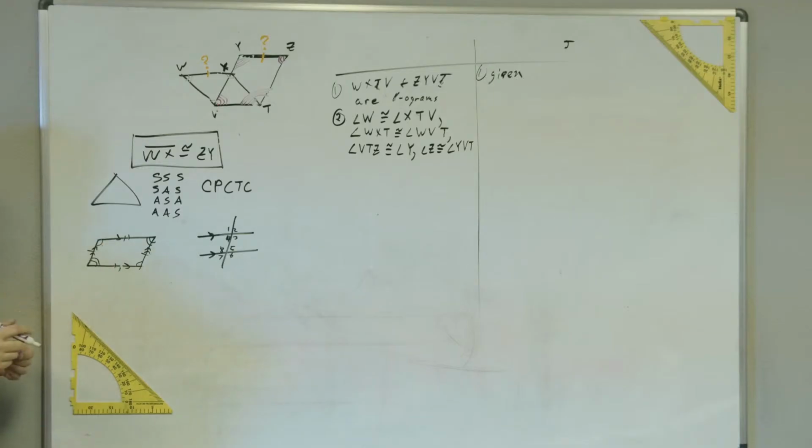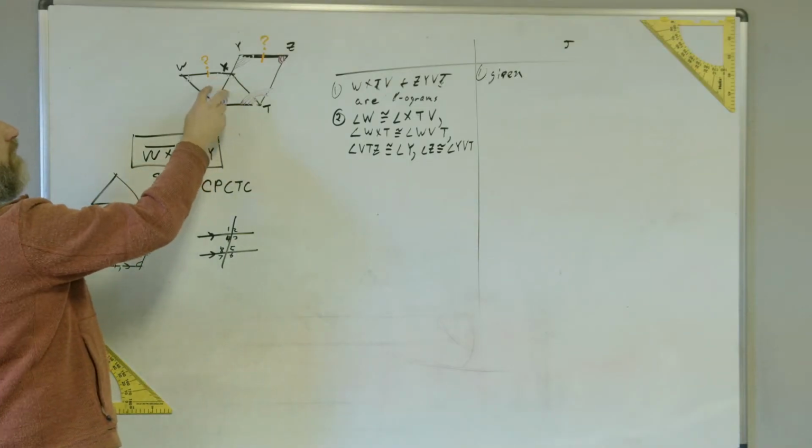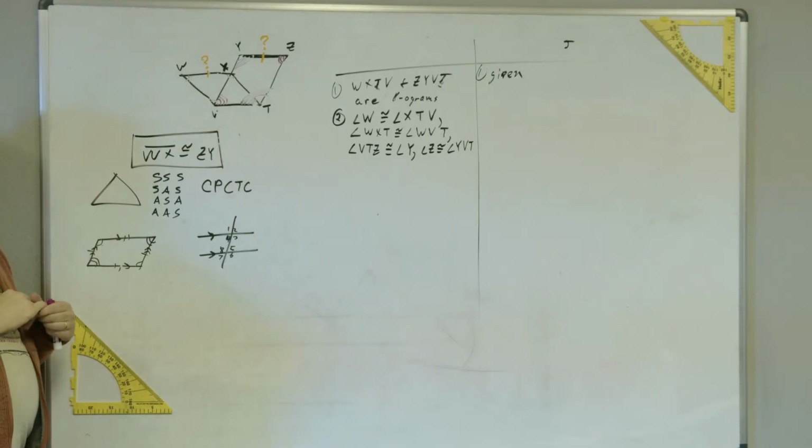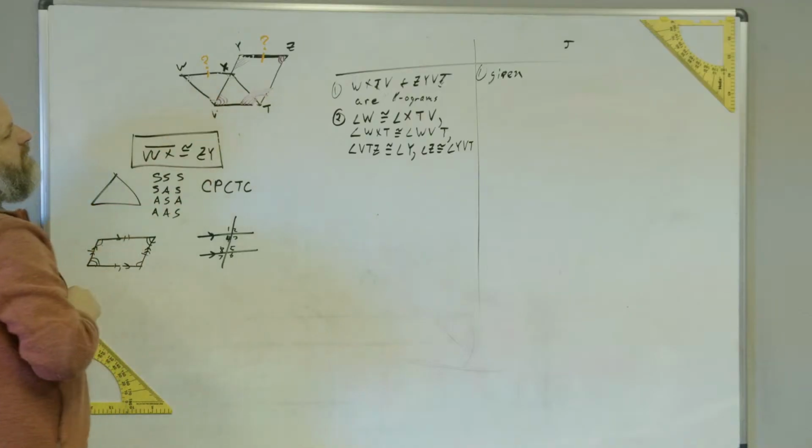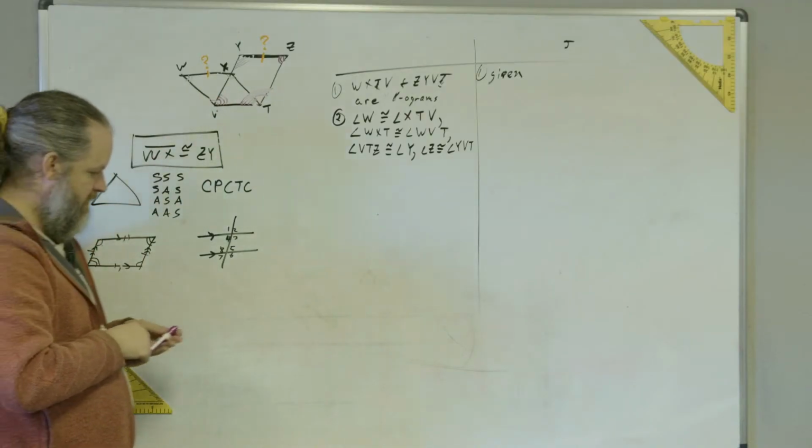Using this box, can we say anything else about the two triangles? Do they share anything? Do they have anything else that's congruent? They share vertex V. Do they share an entire side? No, the triangles, not the parallelograms. This guy and that guy, do they share any sides? VX.